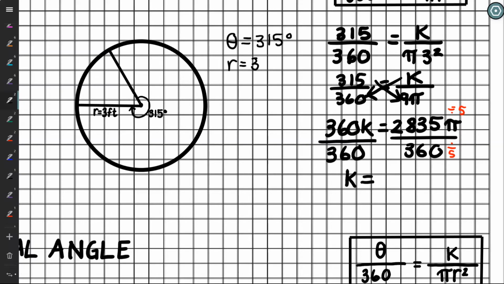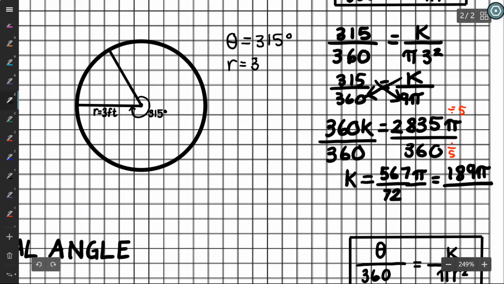That still has a pi. And can I divide both of those by 3? Let's go 567 divided by 3. Yes, gives me 189 over 72 divided by 3 is 24, and I think I can divide by 3 again.